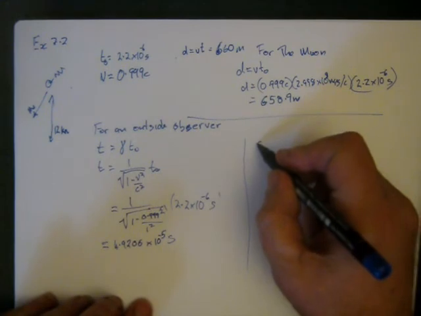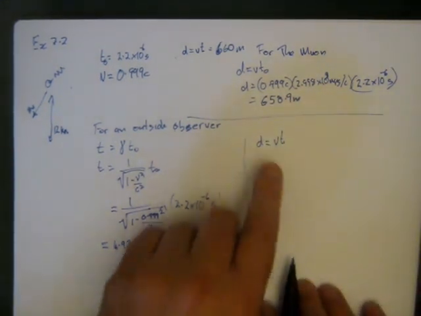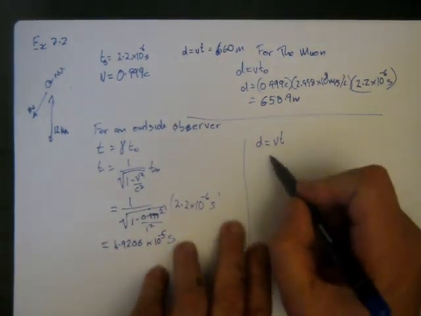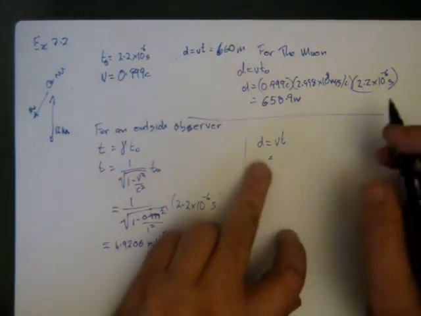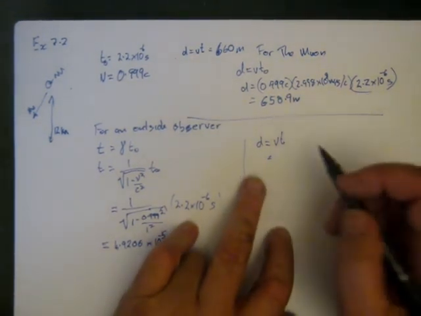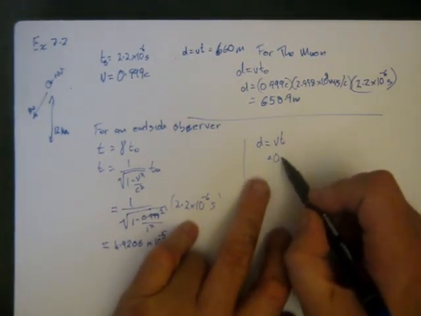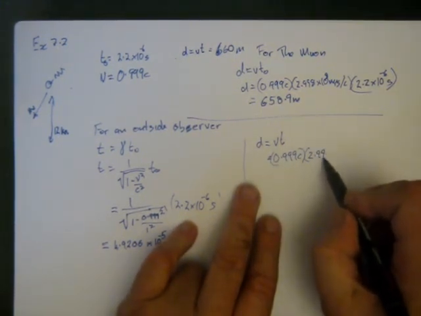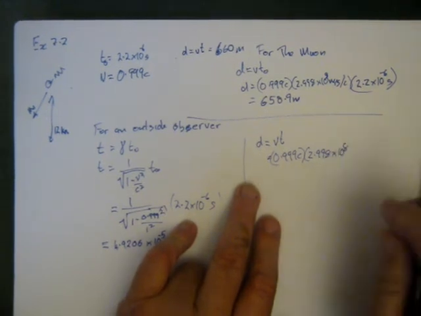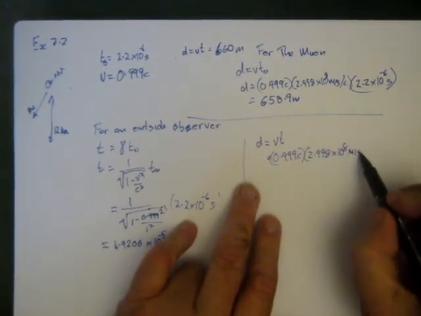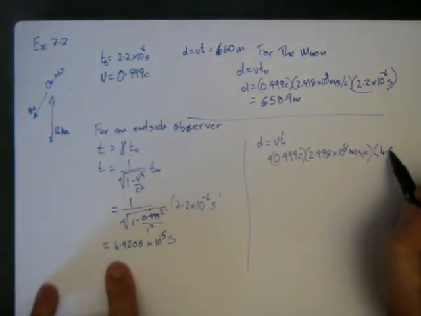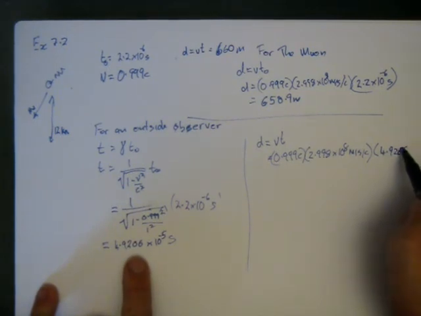Now we stick it into d equals vt, and notice that was for the object, this is just for us. So distance is equal to velocity, 0.999c times 2.998 times 10 to the 8 metres per second per c, times 4.9206 times 10 to the negative 5 seconds.